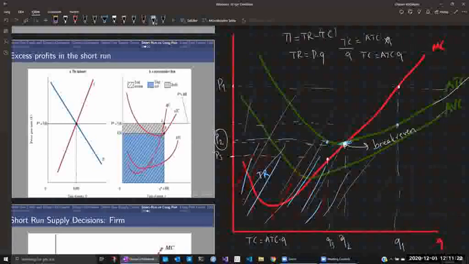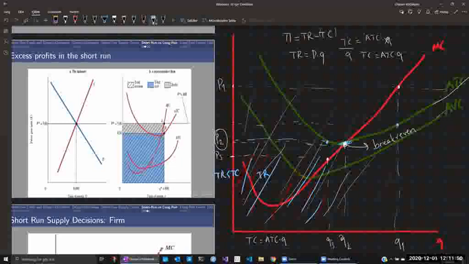And in this case, when price is P3, what I see is total revenue is actually smaller than the total cost. The question here: should the firm keep producing, or should it close the doors and say, okay, I don't produce anything, but I have to bear the fixed cost of production, right?